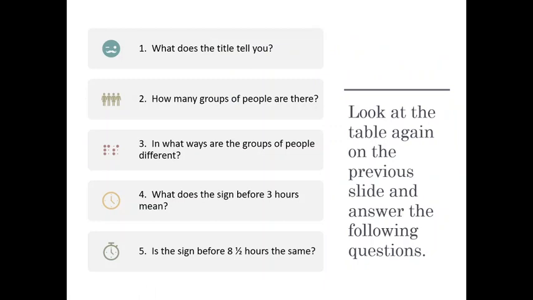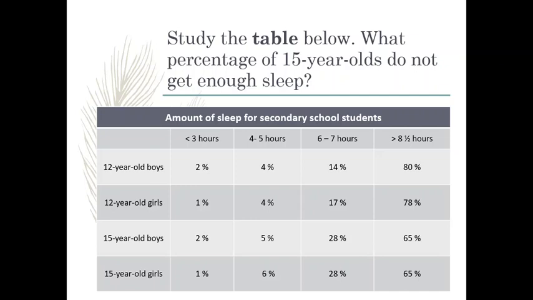How many groups of people are there? Let's go back. Here you can see 12-year-old boys, 12-year-old girls, 15-year-old boys, and 15-year-old girls. So how many groups of people do we have? We actually have four.